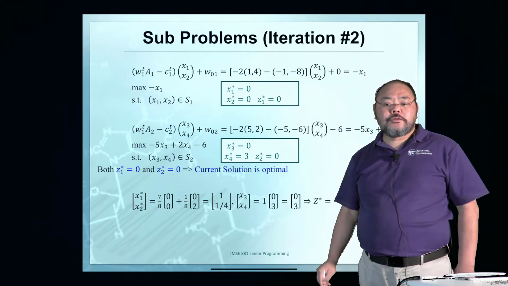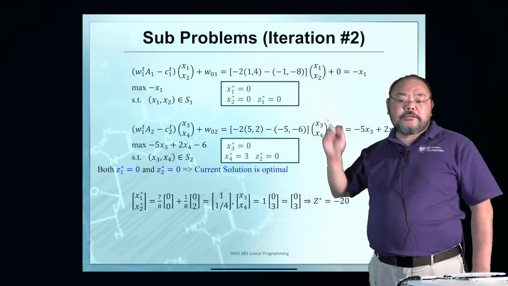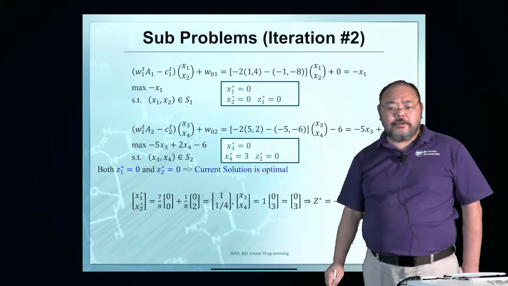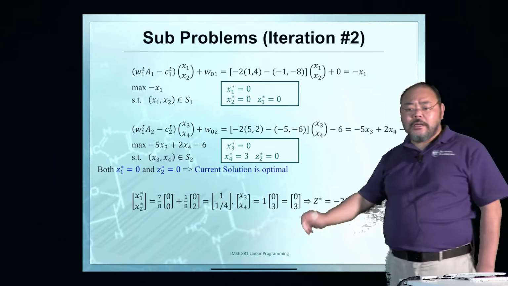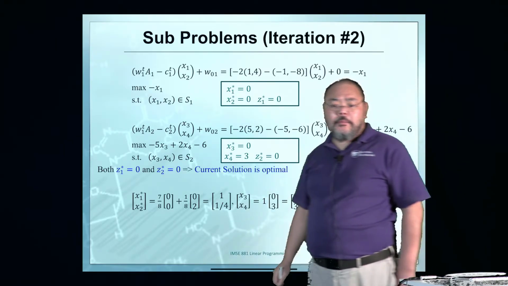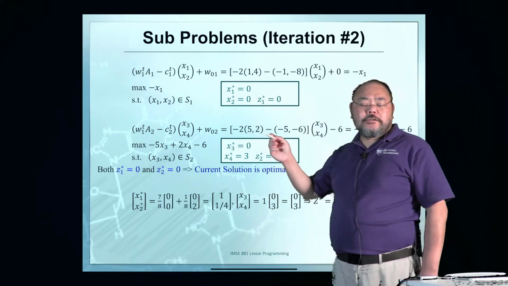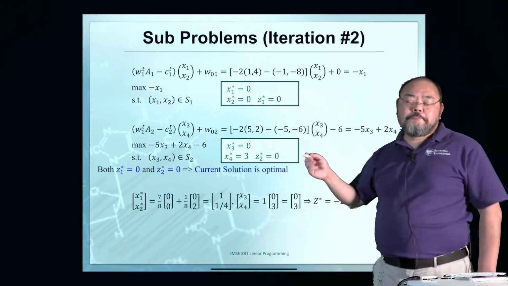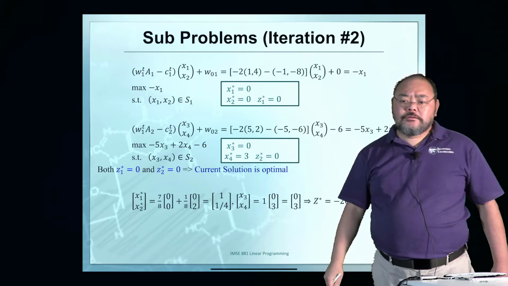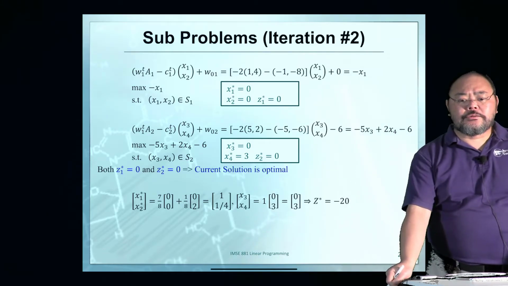They both equal 0, and my objective function value z equals 0. Solving subproblem number 2 involves x3 and x4. We got 0 and 3, and the optimal objective function value for that subproblem also equals 0.